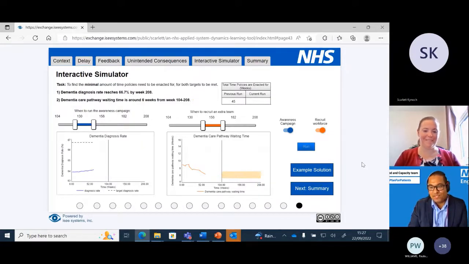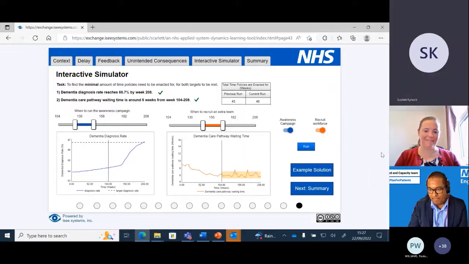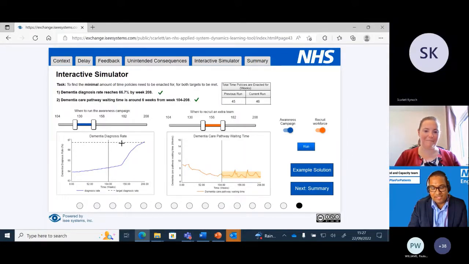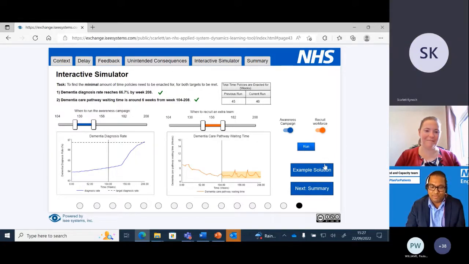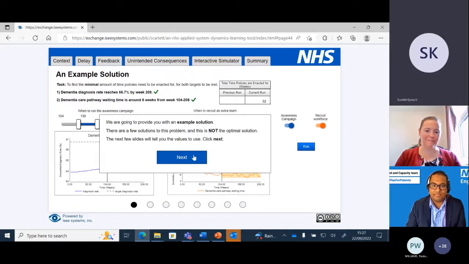But it's interesting. I think everyone's answers have that delay concept in there, don't they? So there's an example solution, which I'll go through very briefly, because it also explains that there's not an optimal solution.